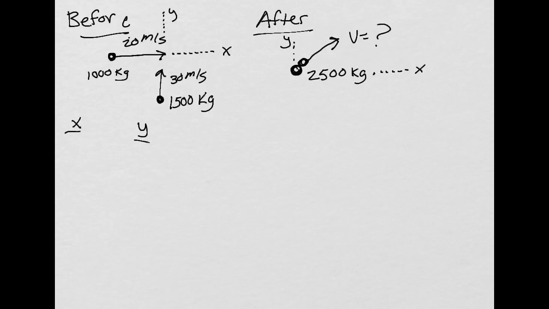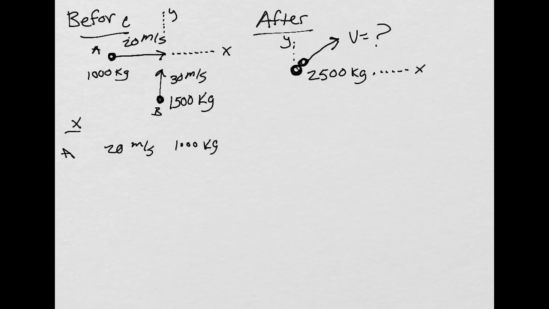So x before, our car, we'll call object A, and our truck we'll call object B. So A has an x component. Here, I'm going to erase this for more room. A has velocity 20 meters per second and a mass of 1,000 kilograms.